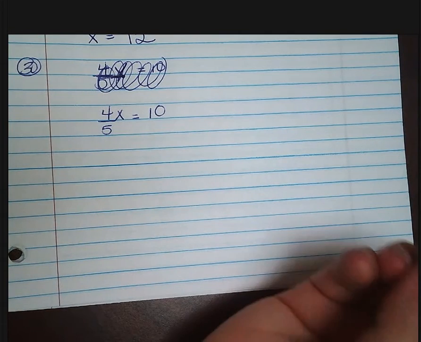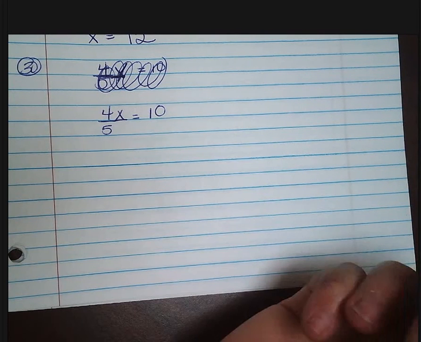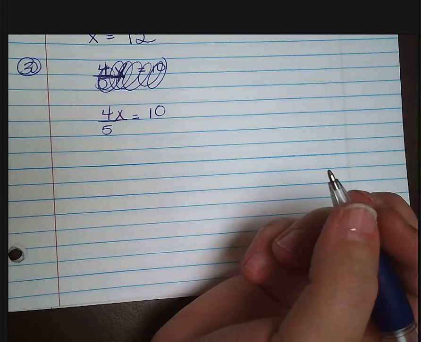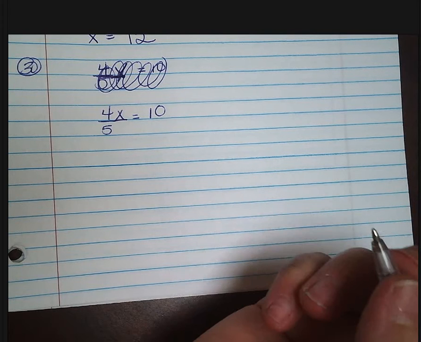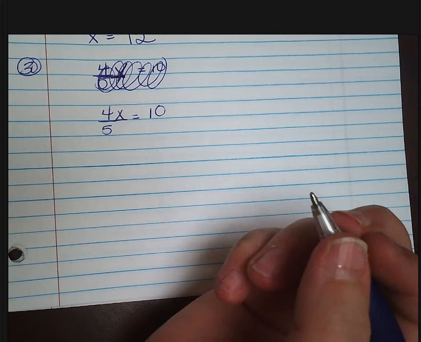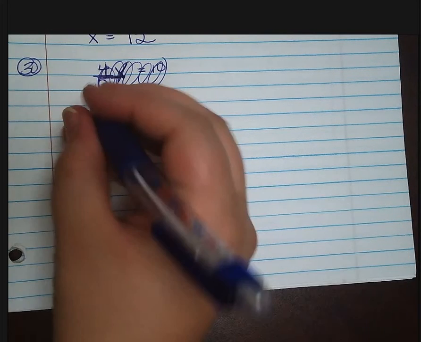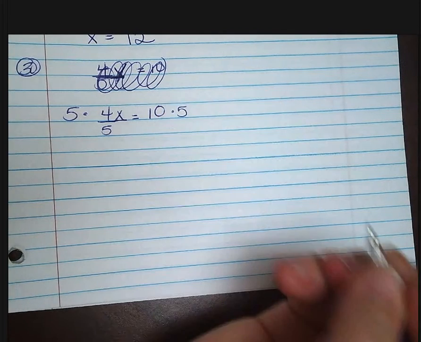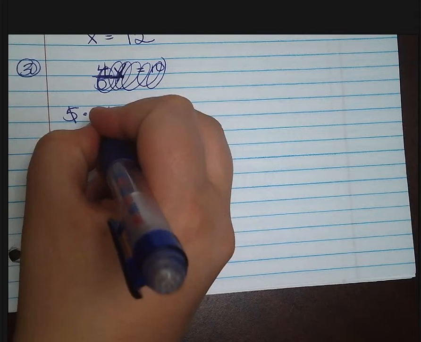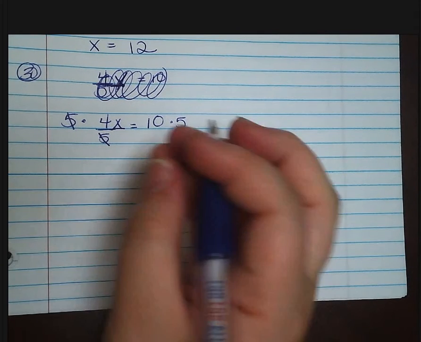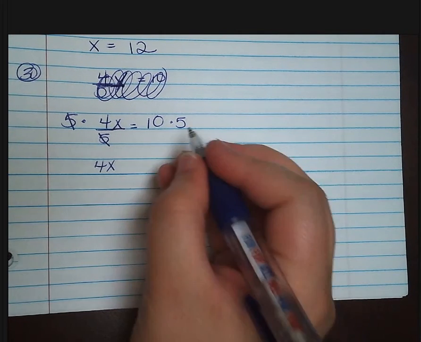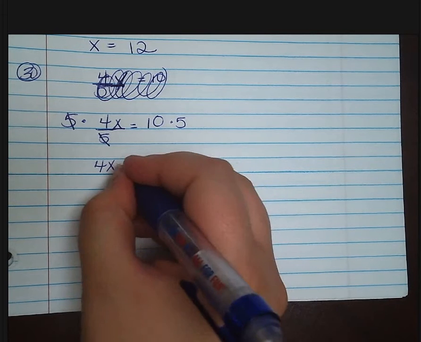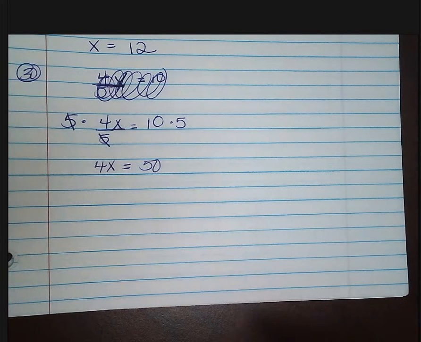So let's go ahead and get rid of that 5 because we don't like fractions, and the part that makes it a fraction is having that denominator number other than 1. So if we multiply both sides by 5, then those 5's are going to cancel, leaving us with a 4x here, and then 10 times 5 is 50.